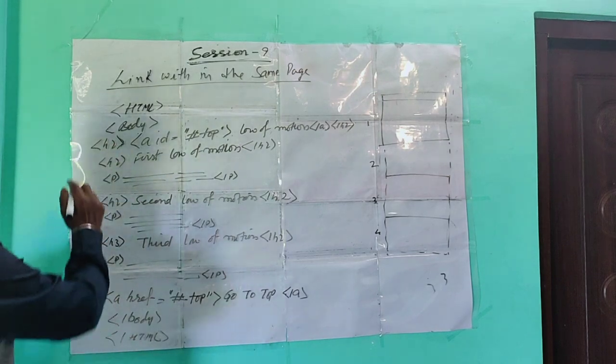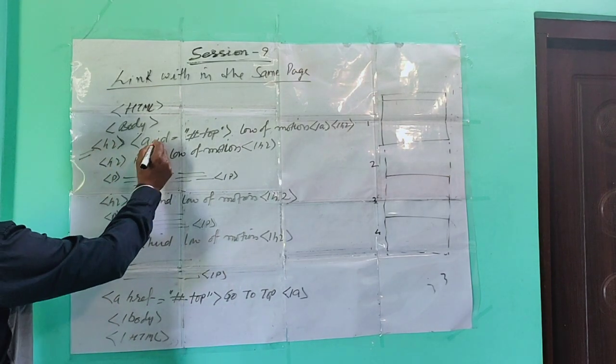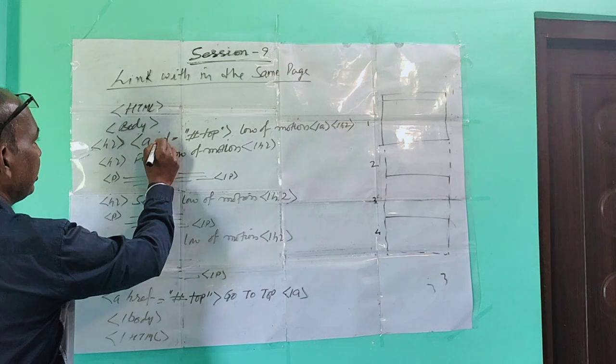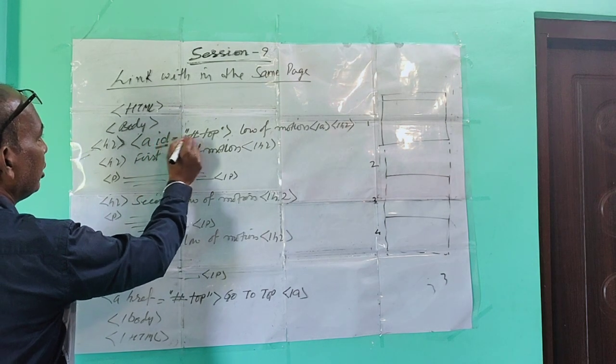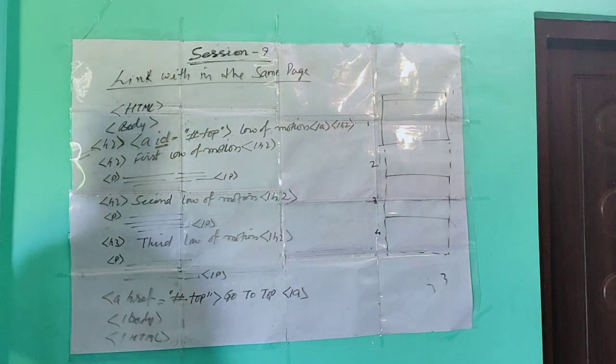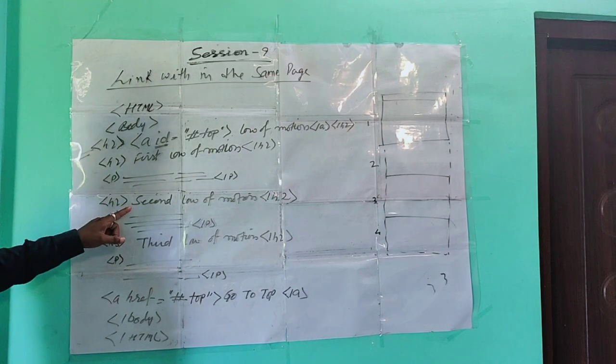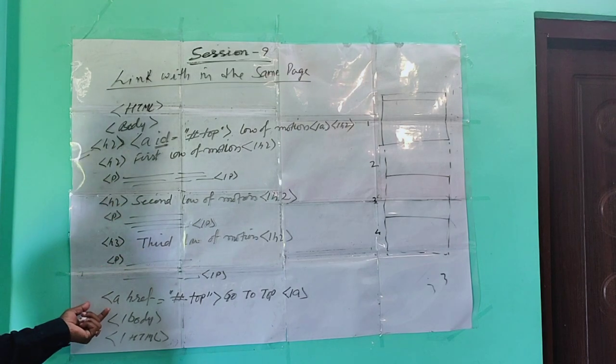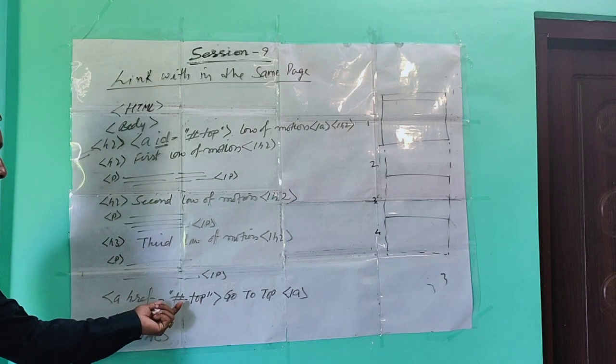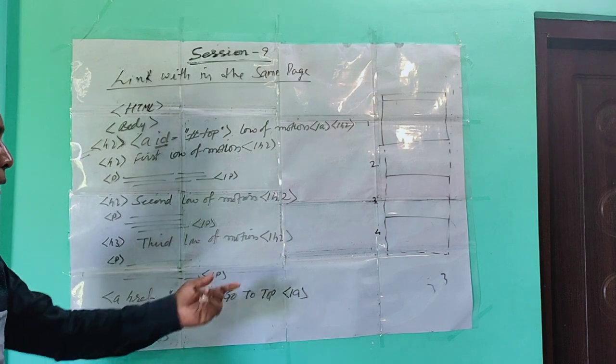Okay. Now you see, this is the first link, A ID. I am using the ID. This is called the named anchor. Top, law of motions: first law, second law, third law. The next tag is A HREF, hash top, go to top.